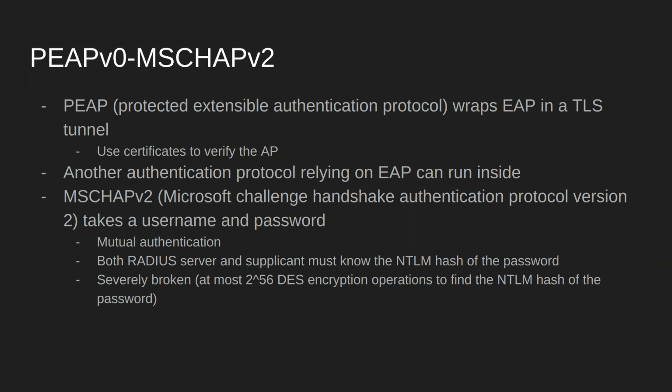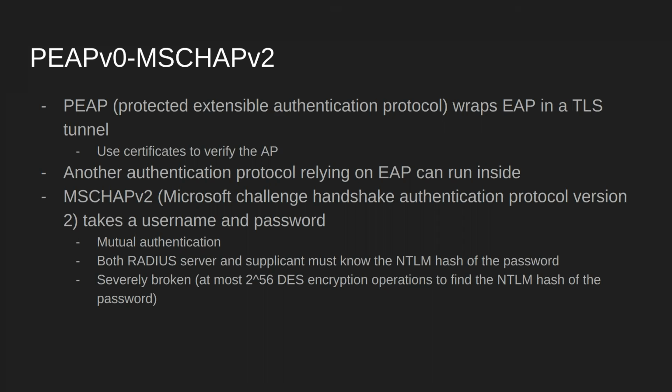So the access point will actually have a certificate, and it'll show the client the certificate, and the client is supposed to check the certificate to make sure that's the correct access point. And then it'll set up an encrypted tunnel using TLS, at which point you can add another EAP protocol on it, and in this case it would be MS-CHAP, which is something developed by Microsoft a long time ago.